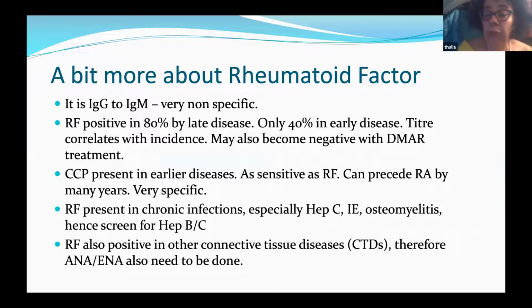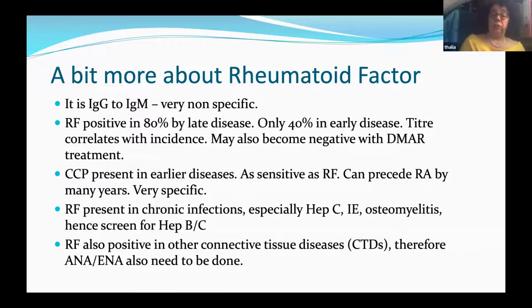Disease-modifying anti-rheumatic drugs can contribute and make a seropositive patient seronegative. Anti-CCP antibodies can be present earlier in the disease course. Sometimes their presence can precede rheumatoid factor by many years.